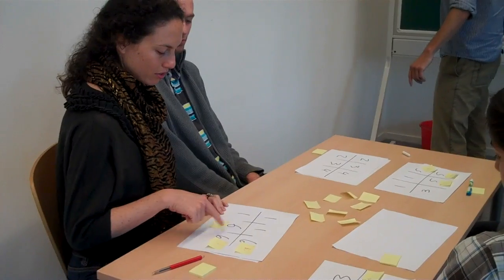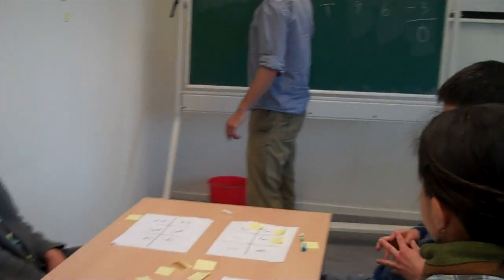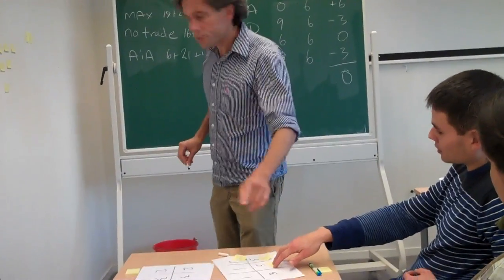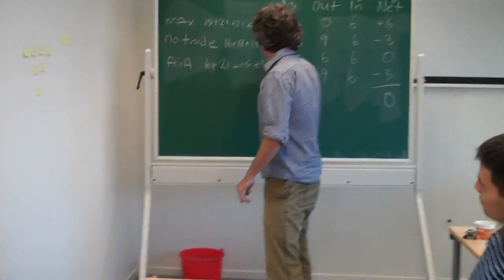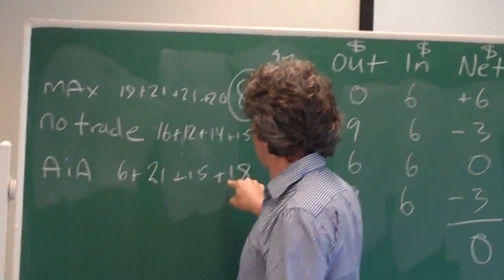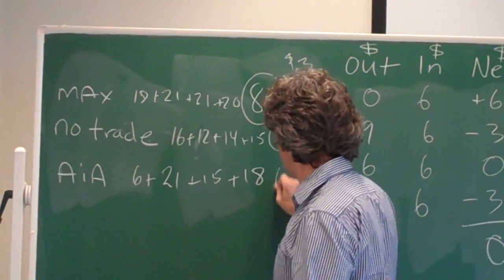Production value is 6 because 1, 1, 1, right? How much production did you get? 21. 21. Irena? 15. 15. Tomas? Oh, 15 plus 3 is 18. 15 plus 3 is 18. And the magic number is 27, 37, 42, 52, 60.